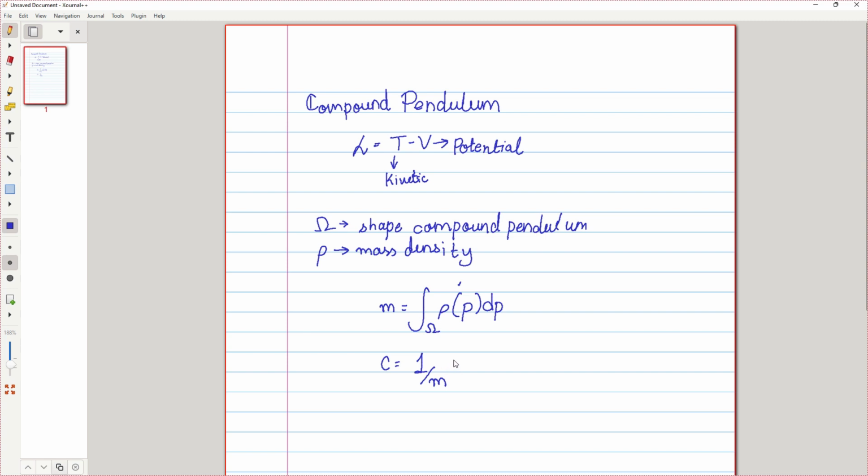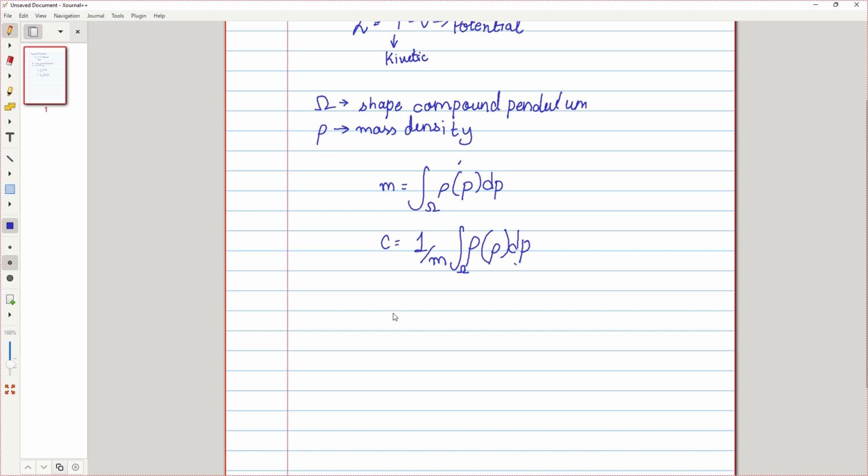The center of mass is the inverse of the mass times the same integral over this shape.